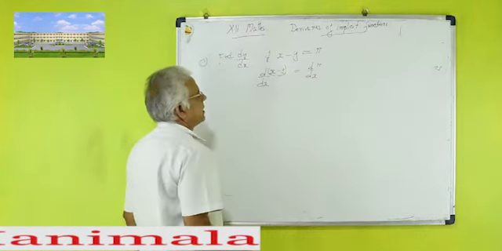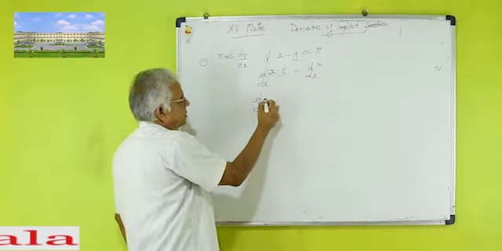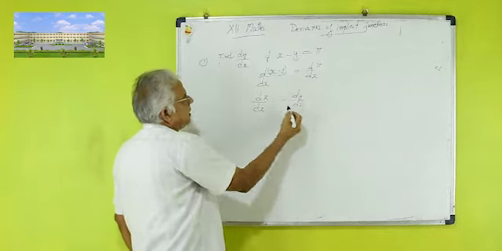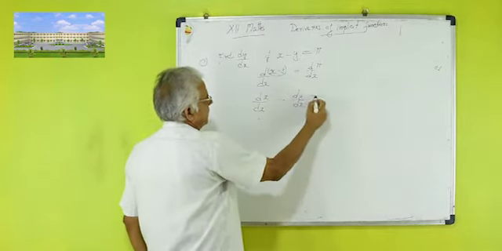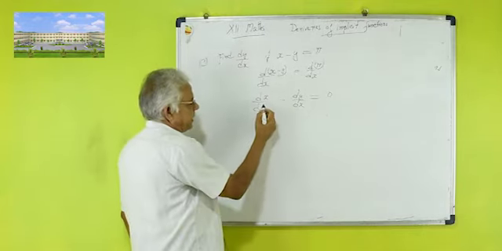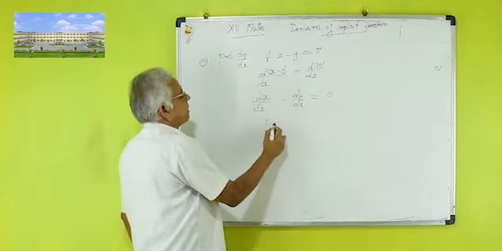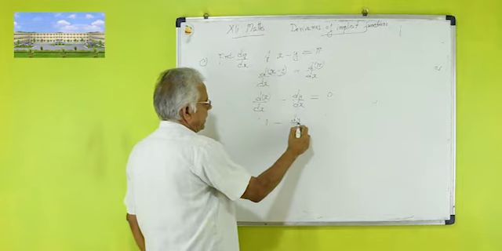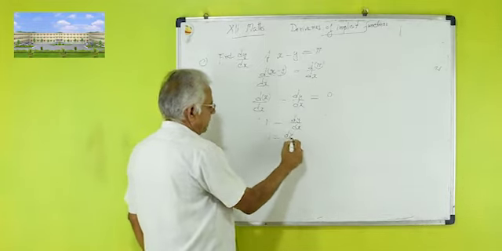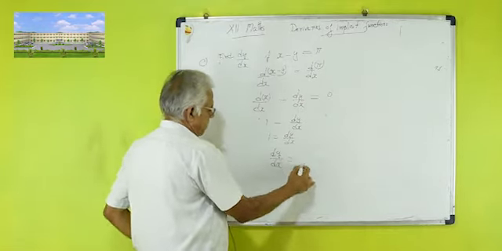Pi is a constant. Apply the sum rule: dy by dx of the first term minus dy by dx of the second term is equal to the derivative of pi, which is 0. The derivative of x with respect to x is 1, minus dy by dx. So 1 is equal to dy by dx. Dy by dx is equal to 1.